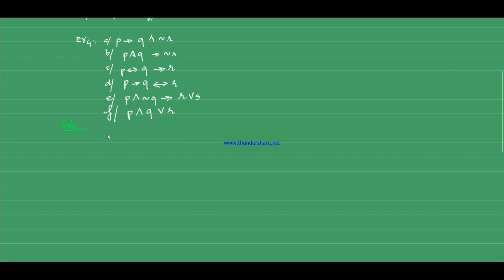So I'm going to write here: the statement before and after the most dominant connective should be grouped. Connective is and, or, if and only if, then, those are connectives.